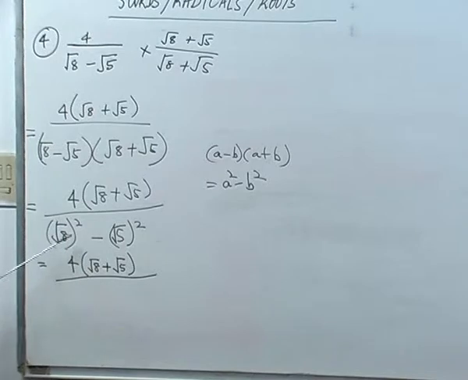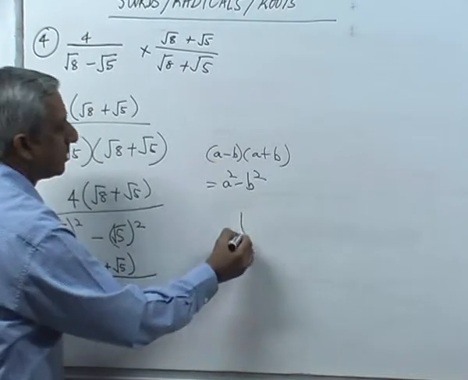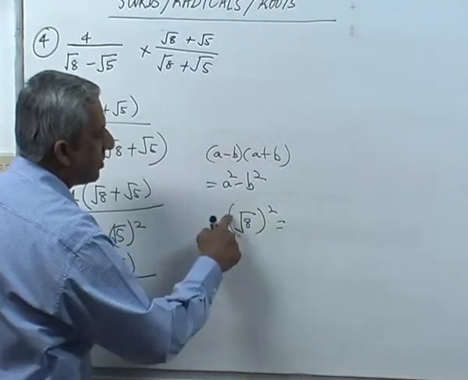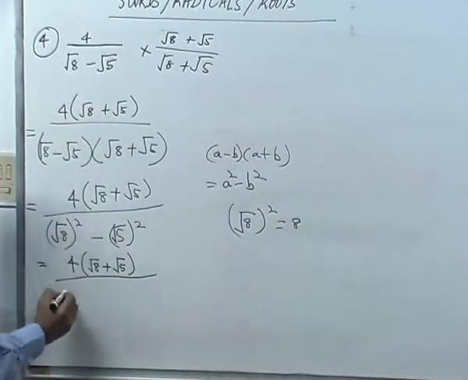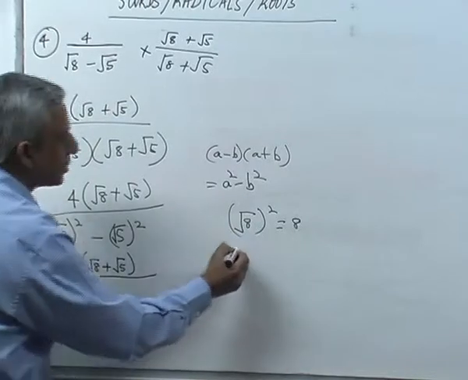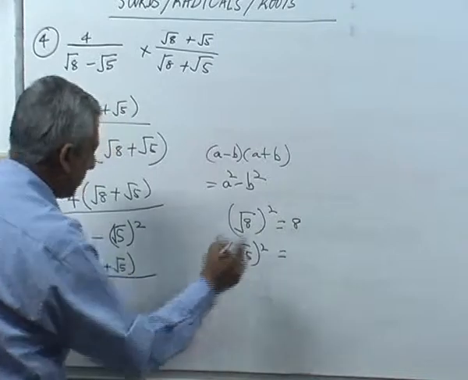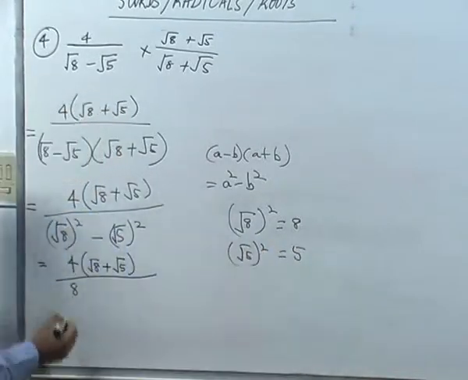Now square root of 8 squared. You can even try this on your calculator and you'll see you'll get the answer 8. Square root of 5 squared. And you'll see you will get 5.